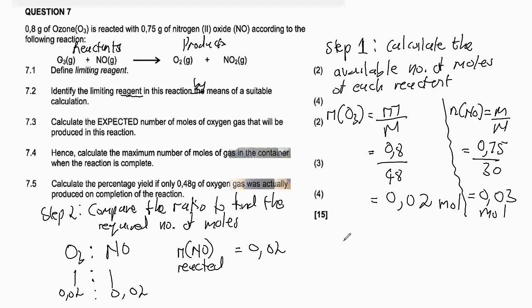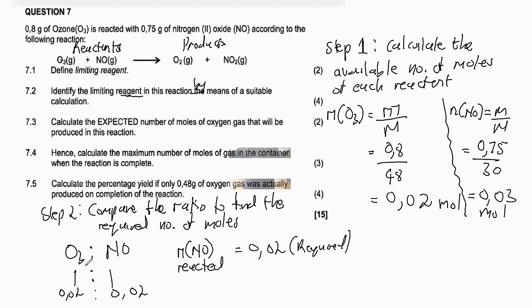Comparing the one that is required versus the one that is available, the required is smaller than the available, making nitrogen monoxide the excess reagent, meaning we'll still have some moles in excess. To be more specific, we'll have 0.01 mole of nitrogen monoxide in excess, because 0.03 minus 0.02 leaves us with 0.01.